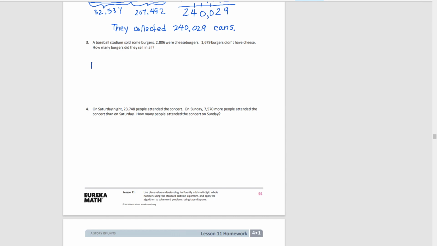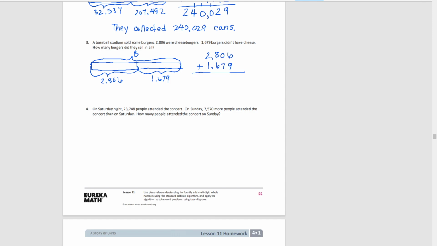Okay, again, we're going to start with a tape diagram. And we've got some cheeseburgers and some burgers without cheese. And we want to know how many they sold in all. So we'll do B for burgers, and we'll write our addition problem vertically and add 6 plus 9 ones is 15 ones.